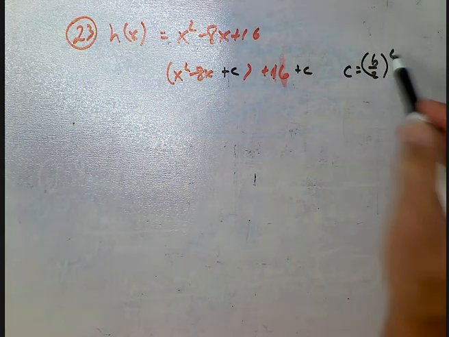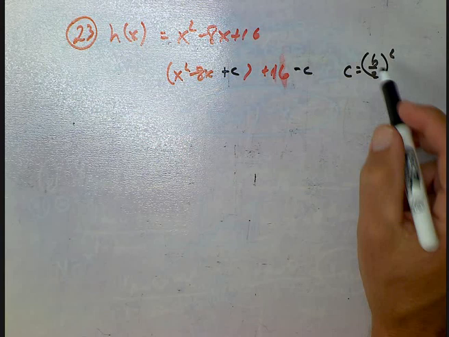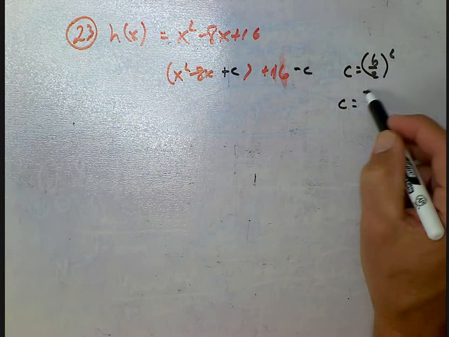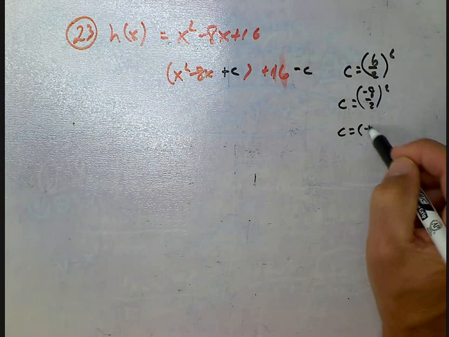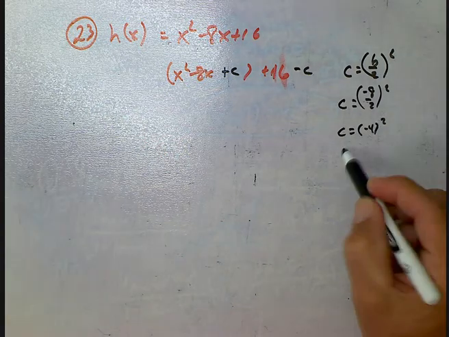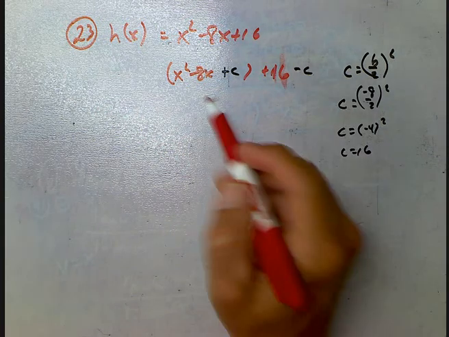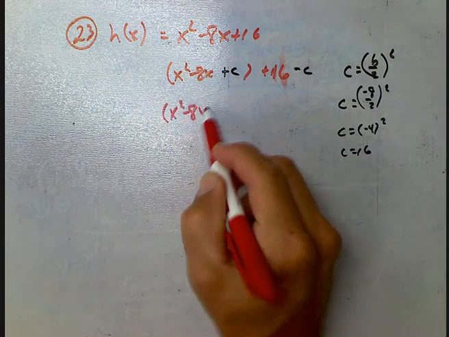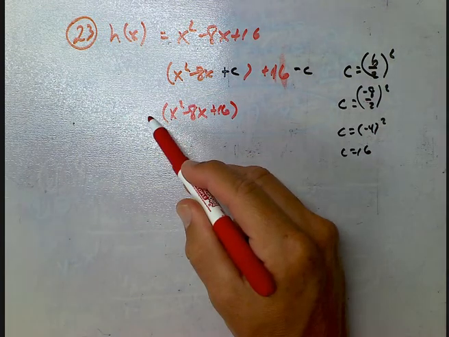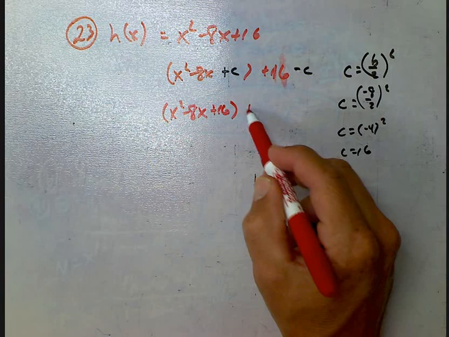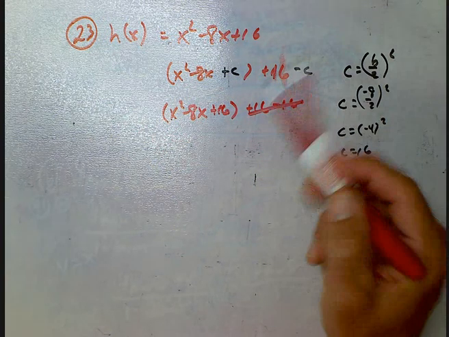So c equals negative 8 divided by 2, squared. Remember, I'm squaring a negative, so it makes it positive 16. So I have x squared minus 8x plus 16, and there is nothing on the outside, so I don't multiply by anything. Plus 16 minus 16. Notice those cancel out, and I'm really left with exactly the problem I started with.